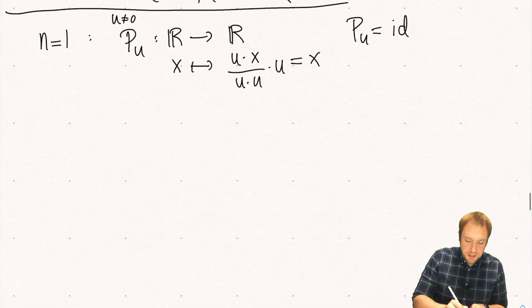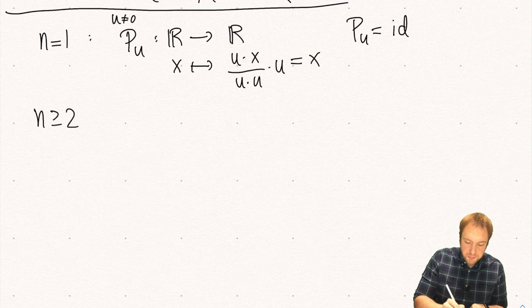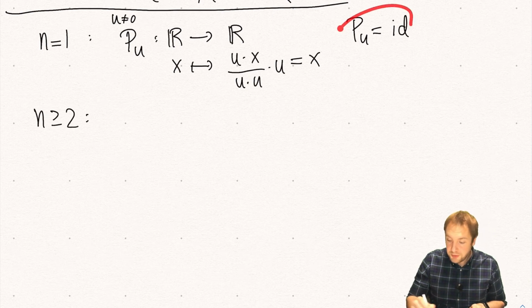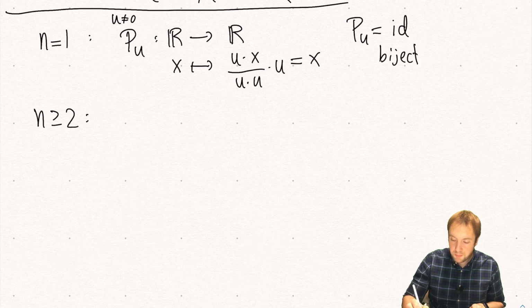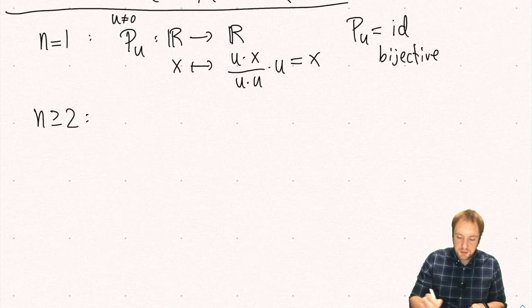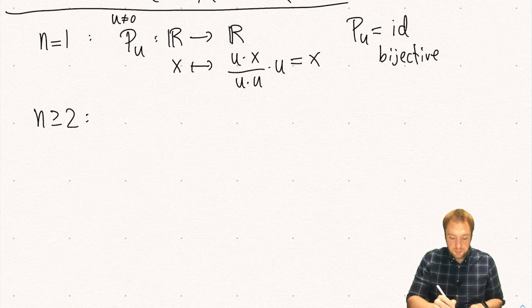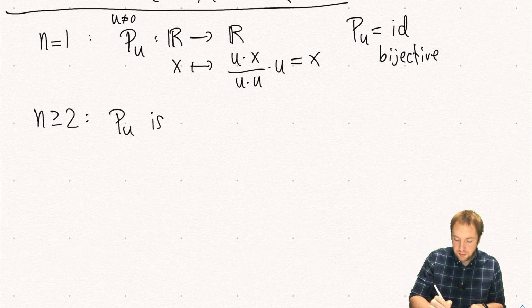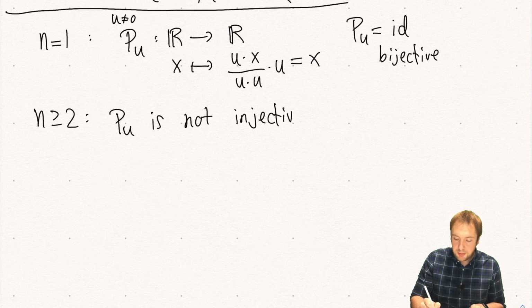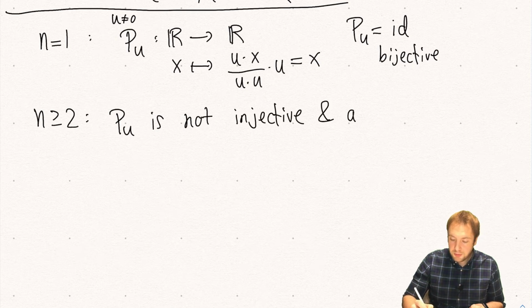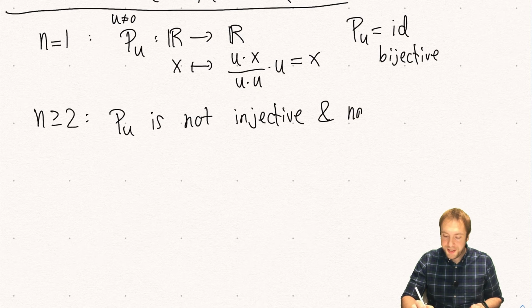In this case, Pu is bijective. But in the case n greater or equal to 2, Pu is not injective and not surjective.